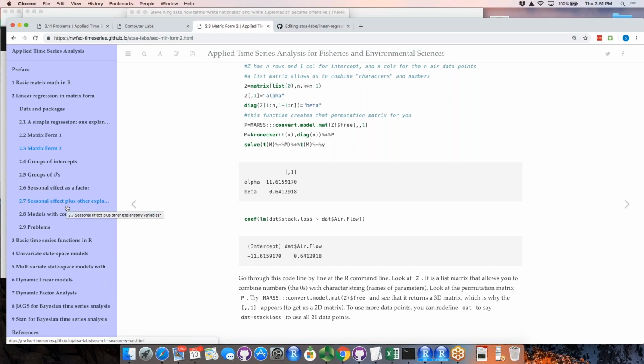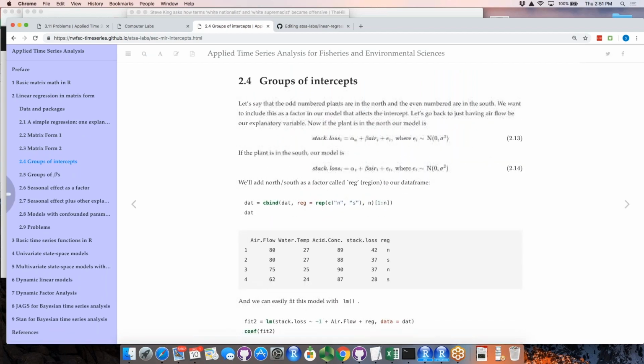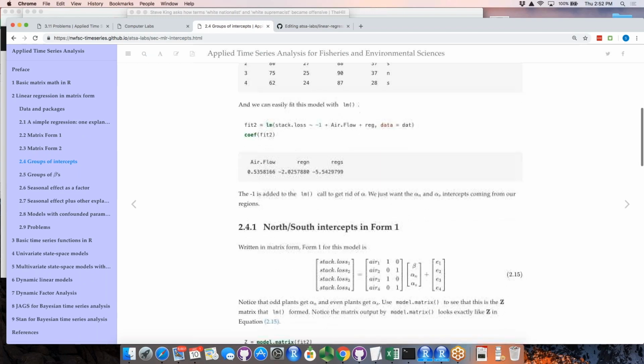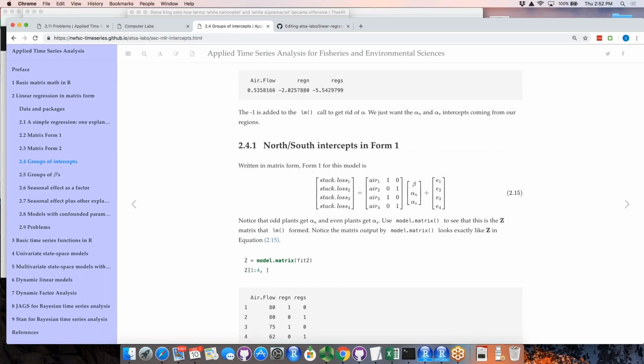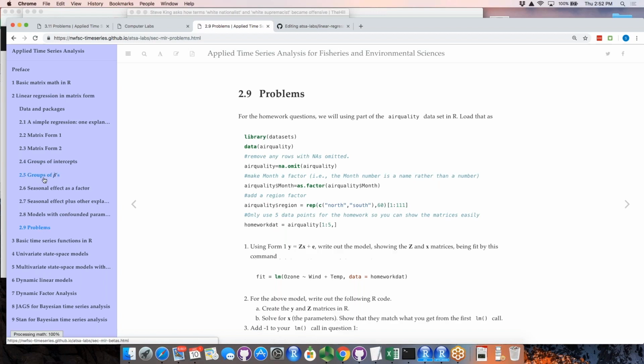You understand that, and start skimming through these other examples. All of them are kind of the same idea. And then after that, I want you to go up through about section 2.5.